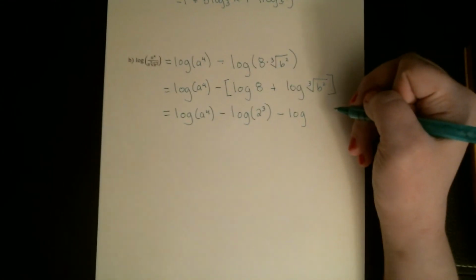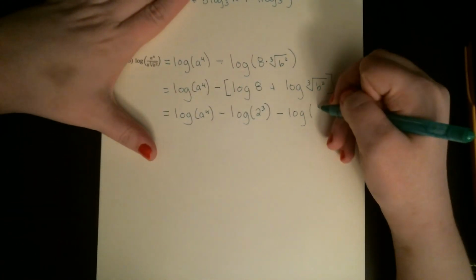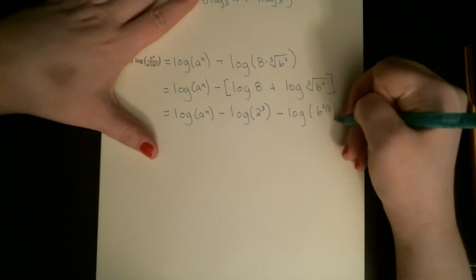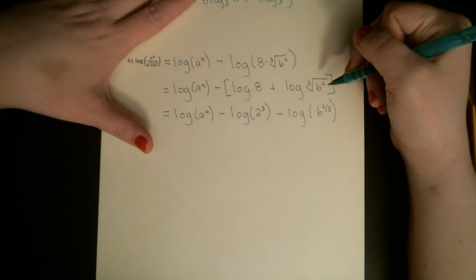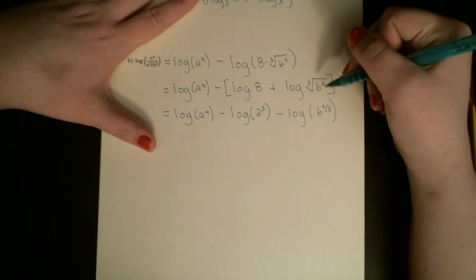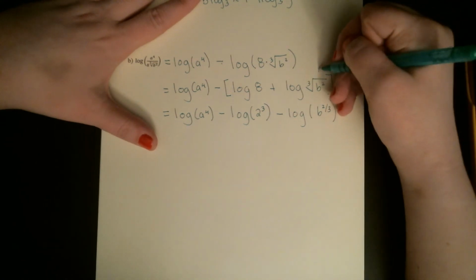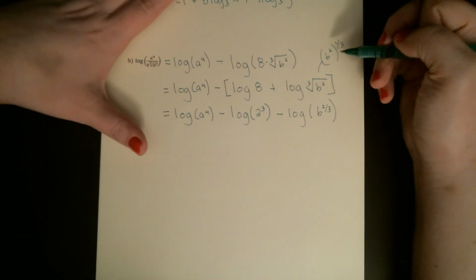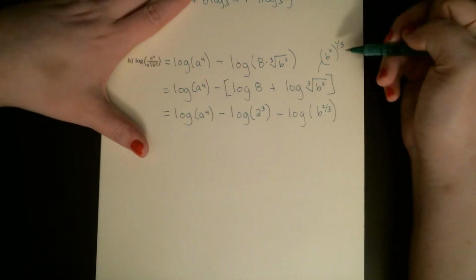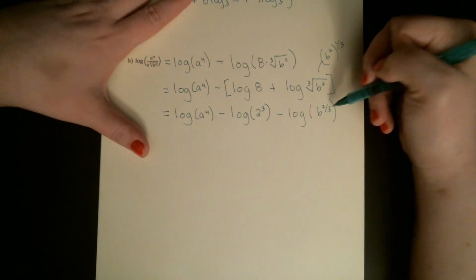And then, sorry for the wiggles. This is a tricky one for some people. The cube root of anything is a 1/3 power. So what I see here is a b squared to the 1/3 power. And the rule for raising things with powers to other powers is that you should multiply. So this is where I'm getting the 2/3.